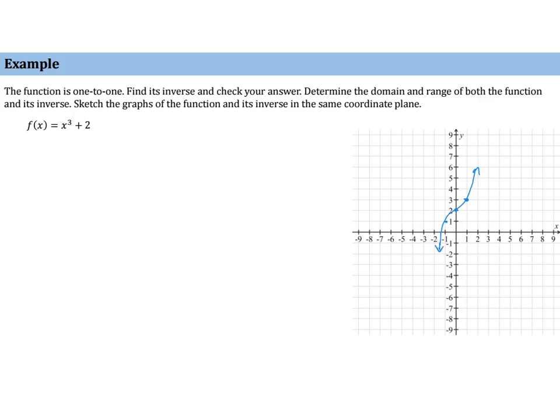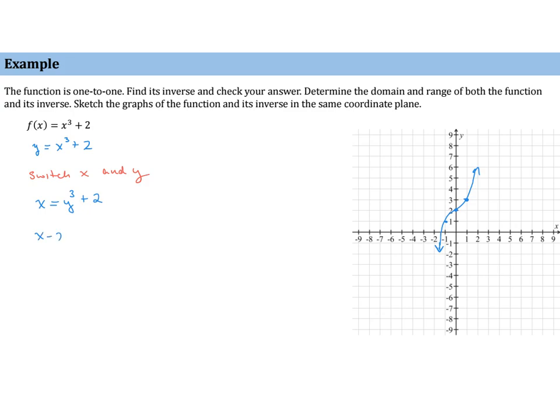Now let's find the inverse. This is y equals x cubed plus 2. We're going to switch x and y. And this gives us x equals y cubed plus 2.